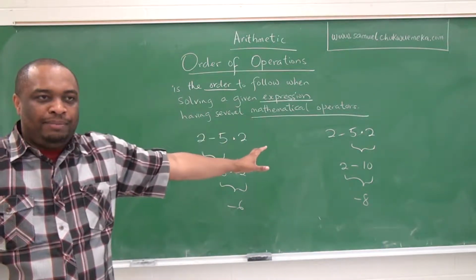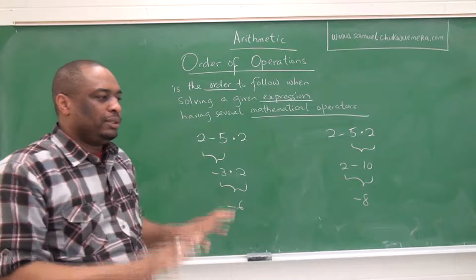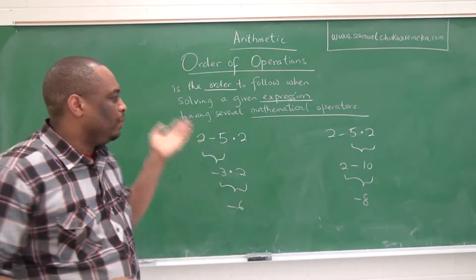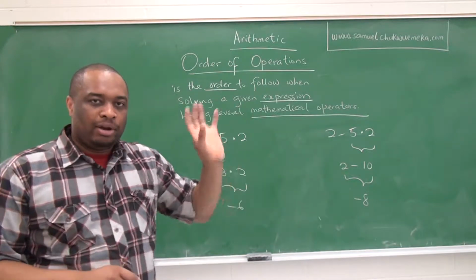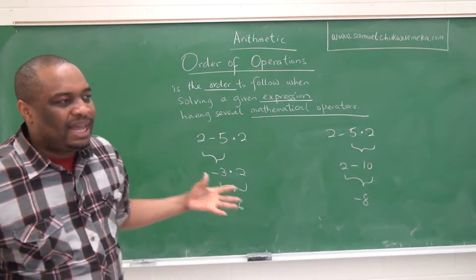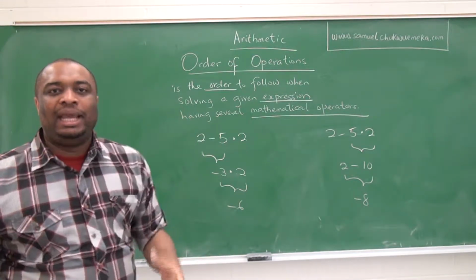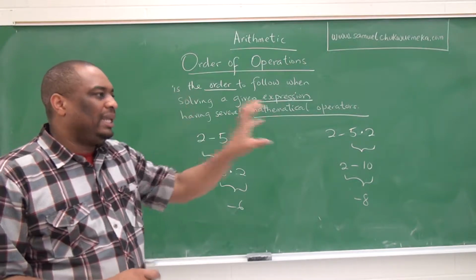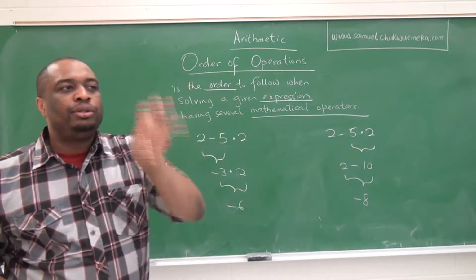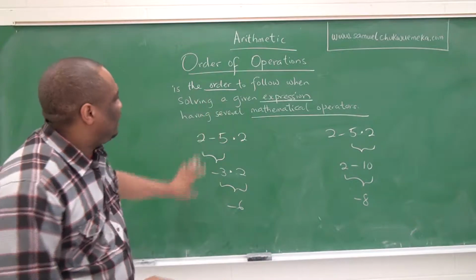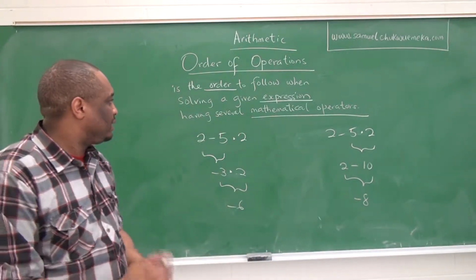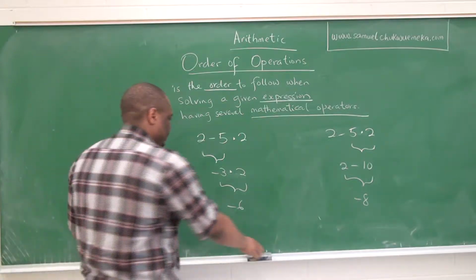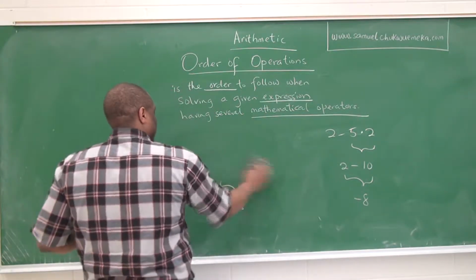Whatever expression it may be, we've got to follow rules. Mathematics is all about rules, all about order. So when you have several operators in an expression, which operator should be executed first? That brings us to order of operations, and that's why we're studying it. This is important in many applications.